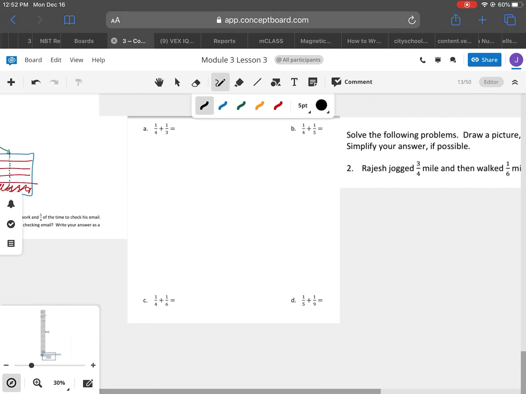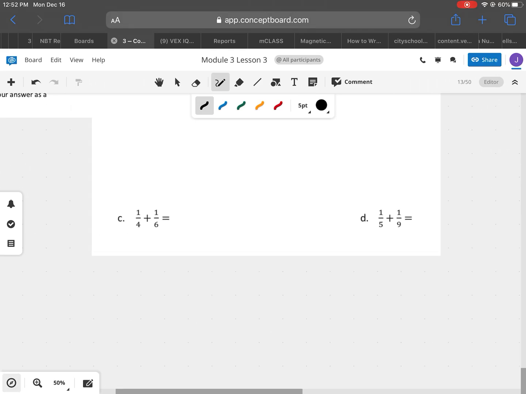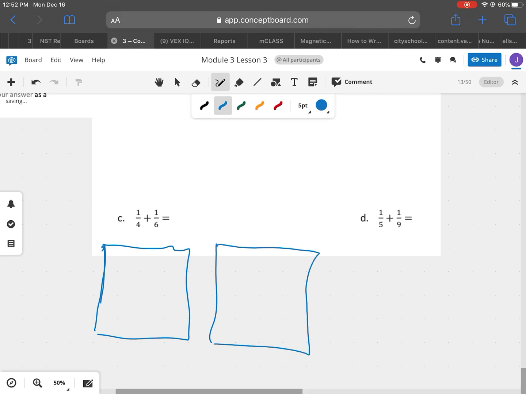All right, then move over to here. We had A and B for homework, so I'm going to do C and D. Again, draw 2 rectangles. First one is fourths. So I'm going to cut it into fourths vertically.